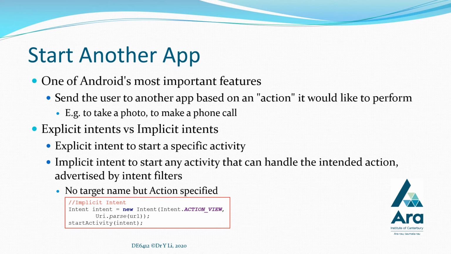For example, we create an implicit intent here. The intent doesn't have the target name, but it specifies the view action. Then we use this intent to start an activity. Some app in the device which can take this action would be started.